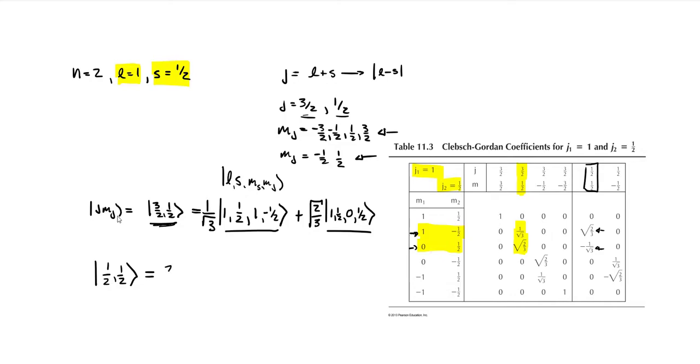This becomes root 2/3 times |1, 1/2; 1, -1/2⟩, and minus root 1/3 times |1, 1/2; 0, 1/2⟩. And now I've got that coupled basis vector in those terms.